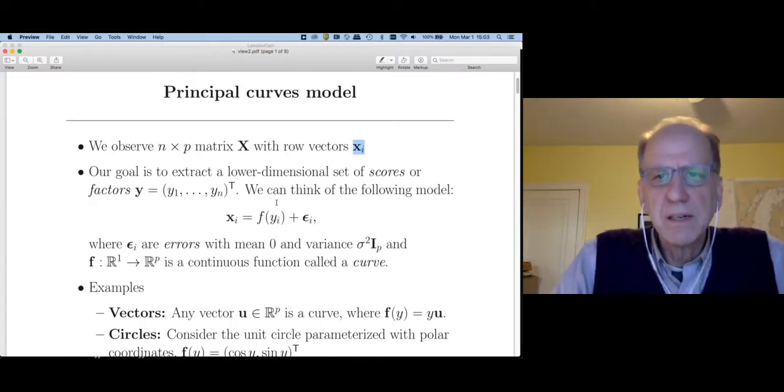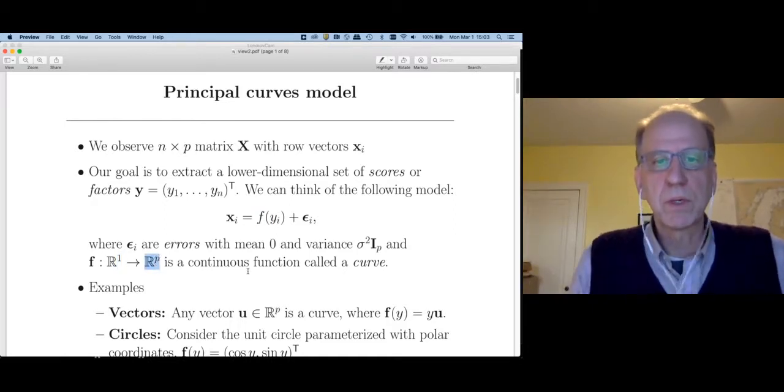We can think of data being generated by the following model. Suppose that f is some function that maps from R1 to Rp, and f is also going to be assumed to be continuous.